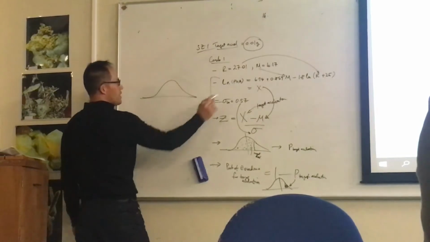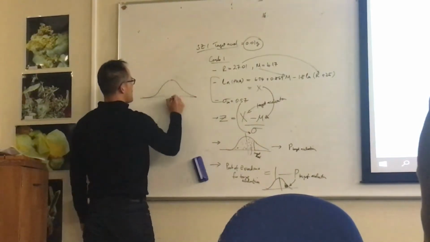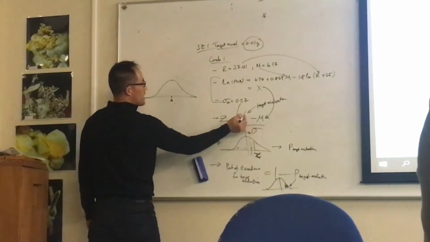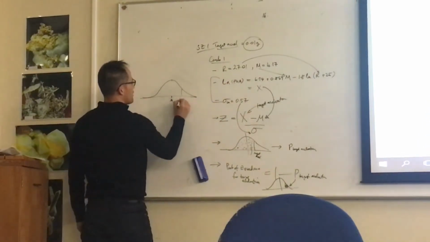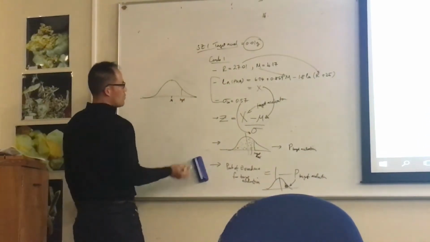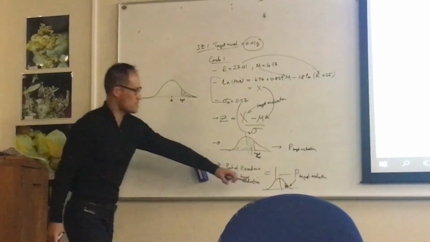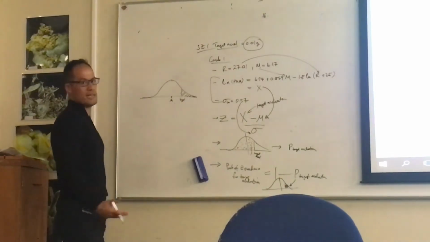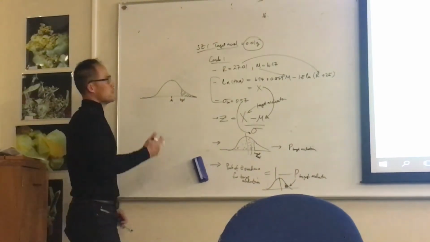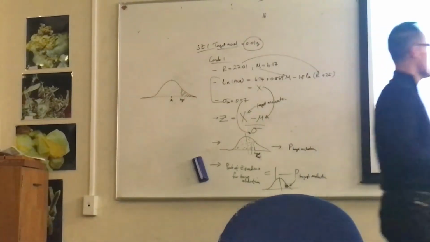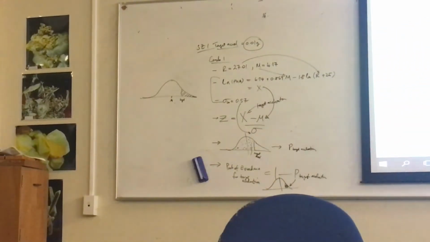We've calculated the mean, which is this value here, and we've got the target acceleration, which is here. We want to find the probability of that target acceleration being exceeded, which is here on the standard normal curve. And we want to find the probability of exceedance.